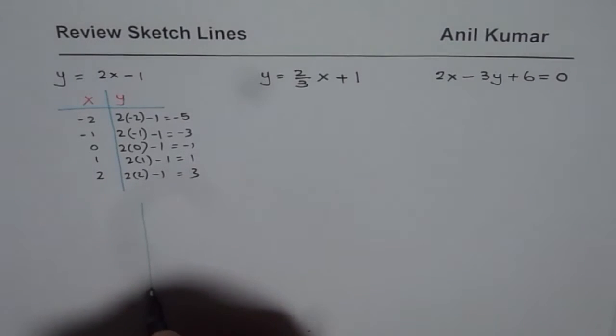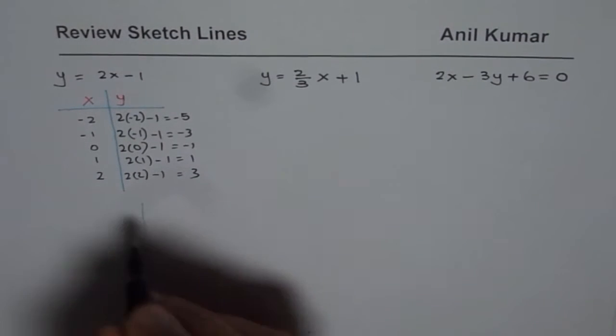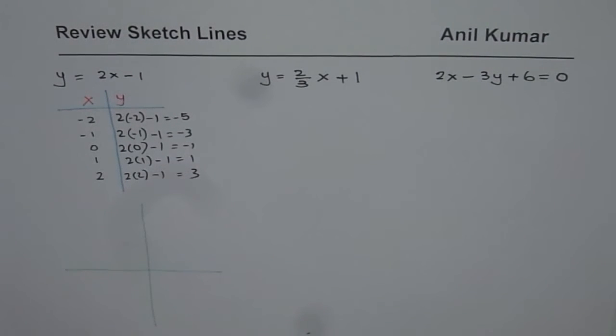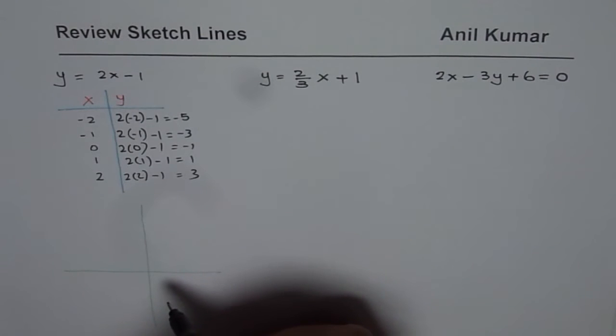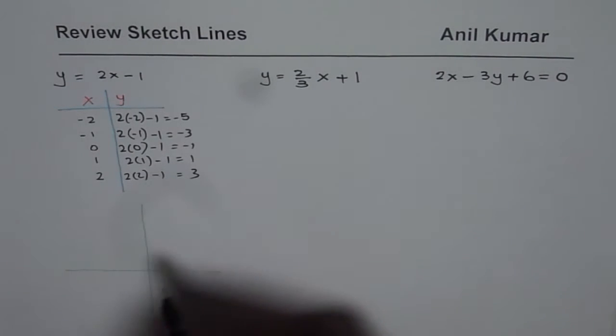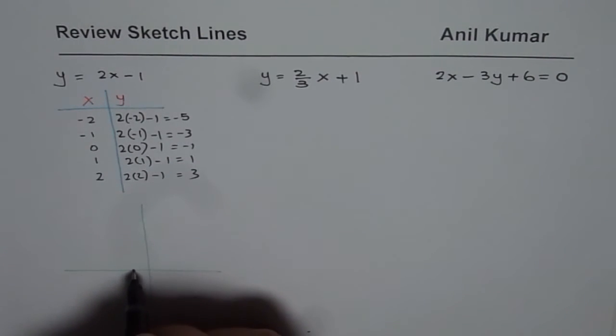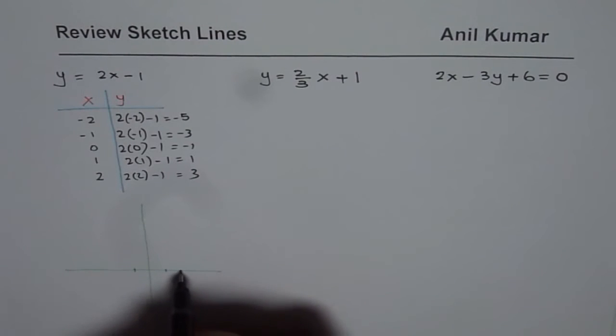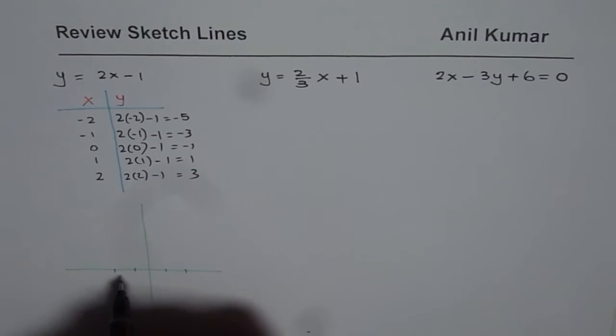Now we'll sketch them. To sketch this, we'll just plot these points on a graph and then join them, right? So I'm not making a proper scale, but what I'm doing here is just approximately sketching this. So these are the 5 points we're looking into.